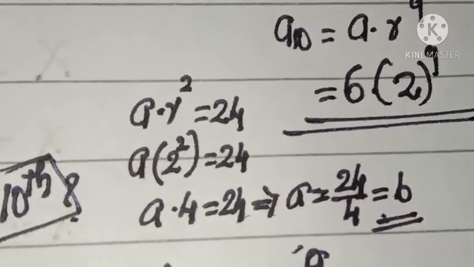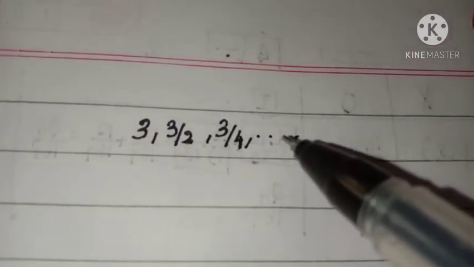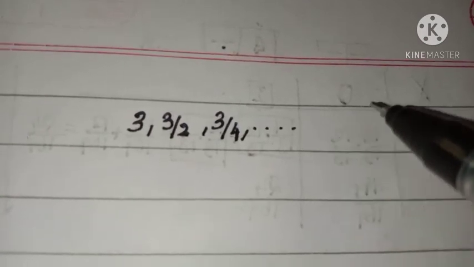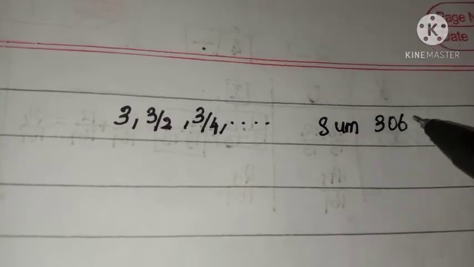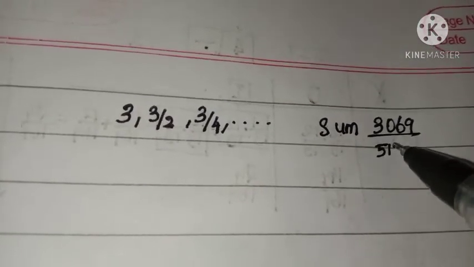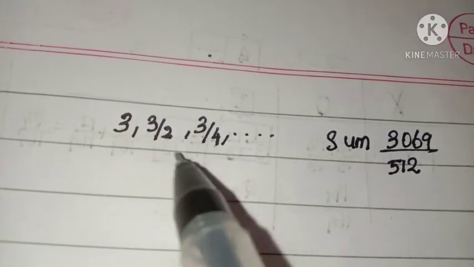Okay. Question. See, we have a GP: 3, 3 by 2, 3 by 4, etc. Okay, this is a GP. Now, the question is, how many terms of this GP are needed to give a sum of 3069 by 512? We need to find the number of terms.